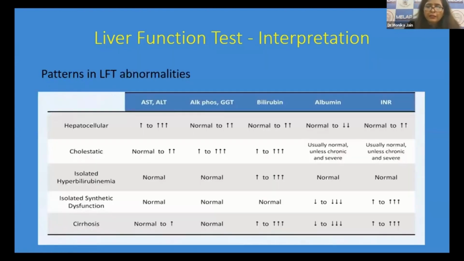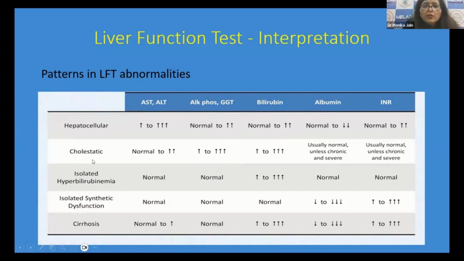injury. This is a table which again shows that if a patient is having hepatocellular injury, ALT, AST will be high, alkaline phosphatase may be normal or raised, bilirubin may be normal or raised, albumin may be normal or raised, and INR may be normal or raised.